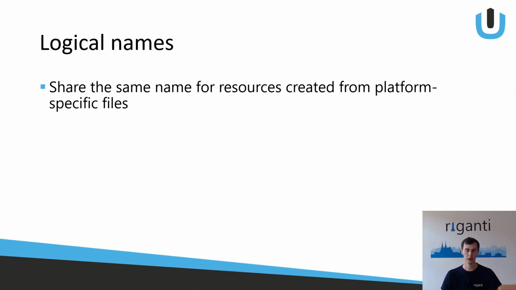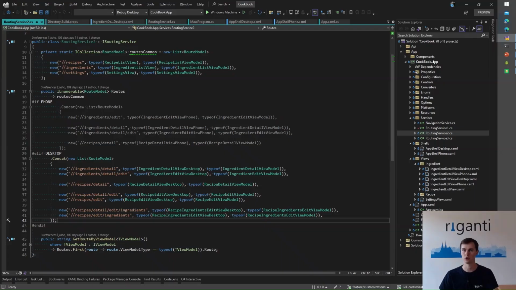If we take a look at logical names, then we can define different logical names for our files, which can be shared among different configurations or different platforms or different build types and so on. We can create our own logical names and use them in the code, or we can set the same logical name for different files for different conditions, and we can leverage this in our CS project files.